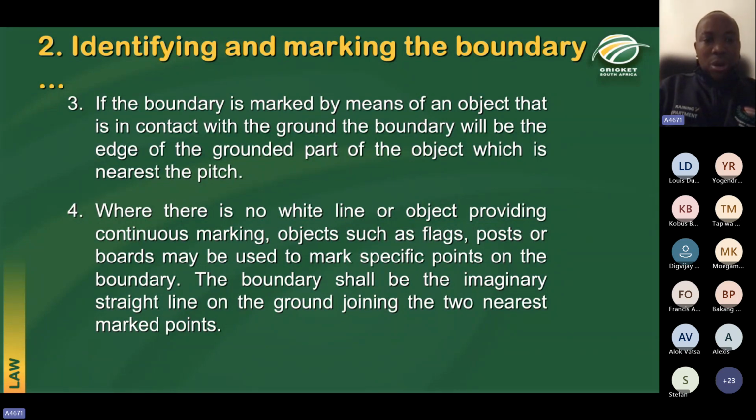So that becomes even more complicated for the players to imagine as to where that line is. And so, unfortunately, we have to go with their word. It is a good idea for you to let them know, if there isn't a line, if there isn't a rope, if there are only physical markers a few meters away from each other, that those markers need to be joined up by an imaginary straight line, not a round line, in demarcating where the boundary is.